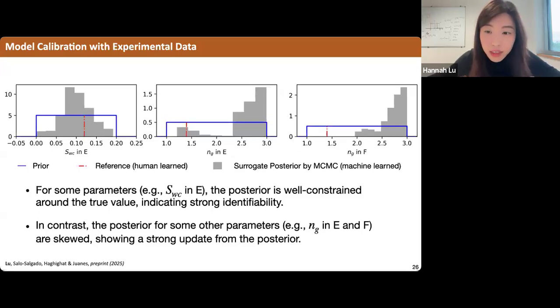The true value here is closer to the lower tail of the posterior, suggesting a partial identifiability. And the value here is towards the left tail, indicating some bias and challenges in the inference.